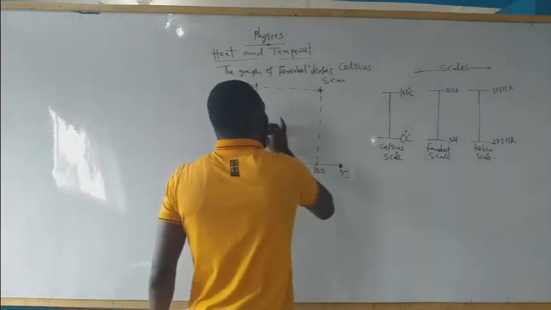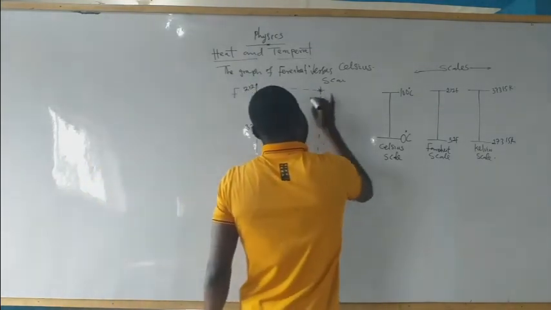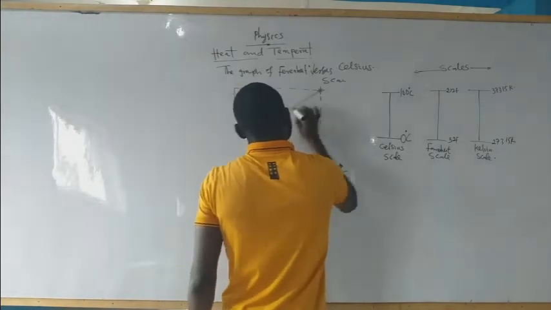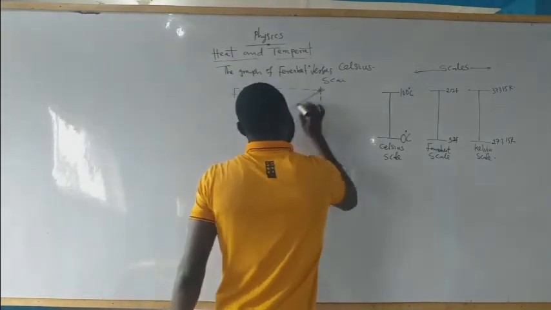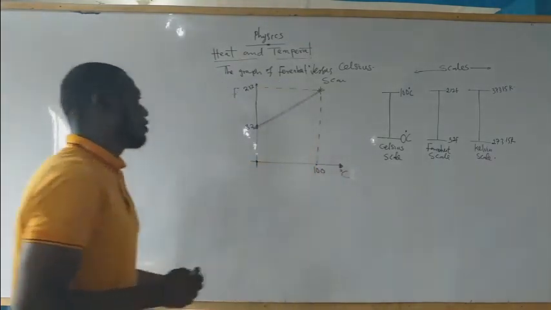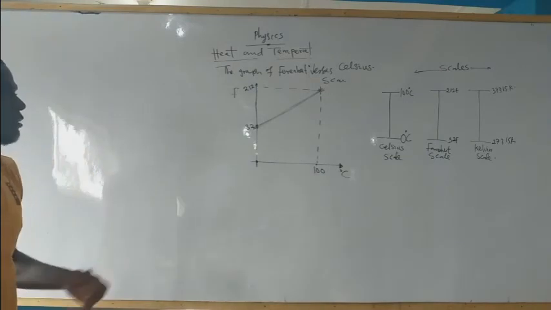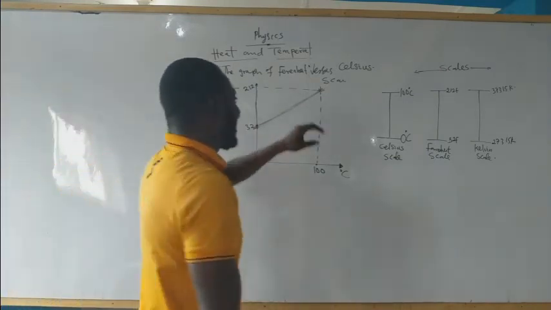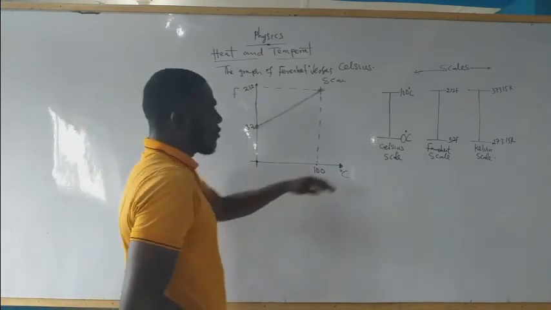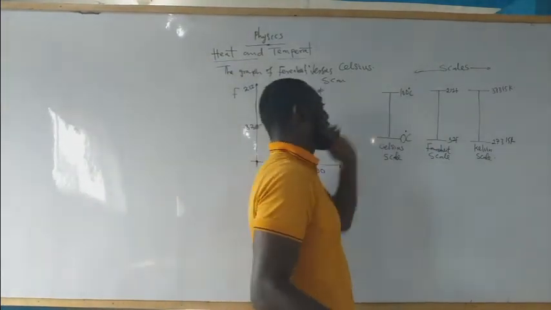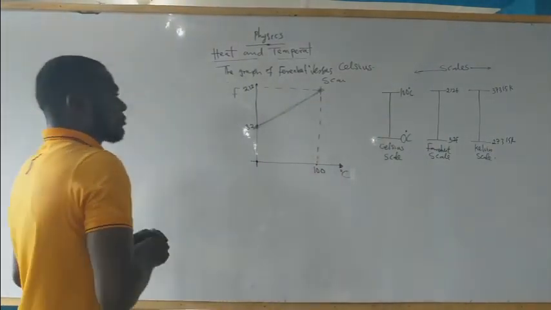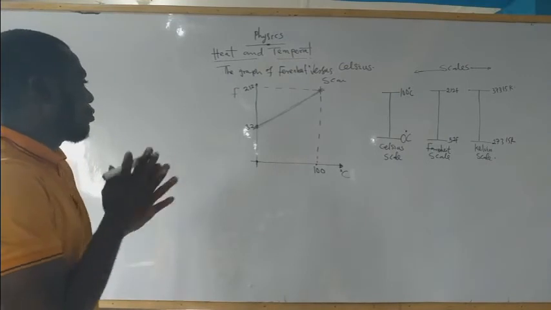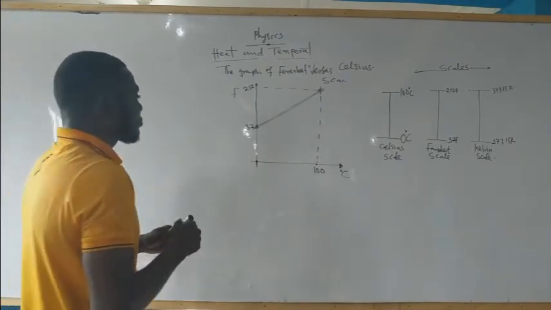Then join the 2 points together. That's the graph, the graph of Celsius scale against Fahrenheit scale. What can we deduce from here?